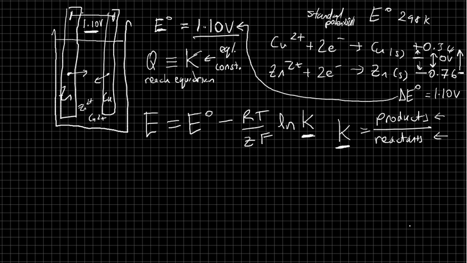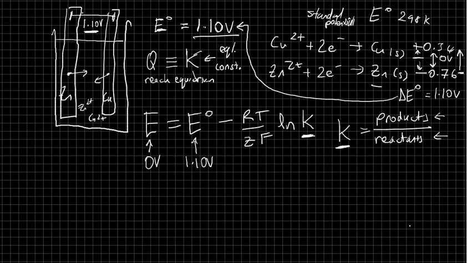If we've got a small K, then we've got a large number of reactants and very few products, and so the reaction is favoured in the left direction. So this E at equilibrium is going to be 0 volts because there's going to be no current being produced, and we've measured this, and this is 1.10 volts.